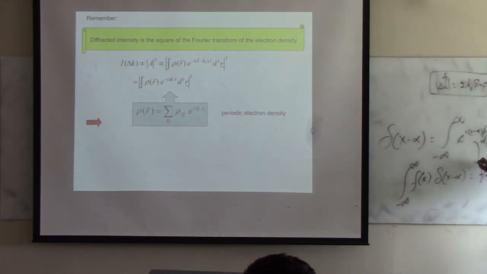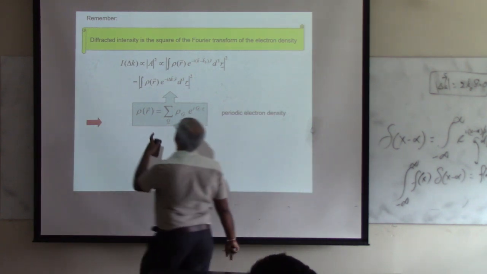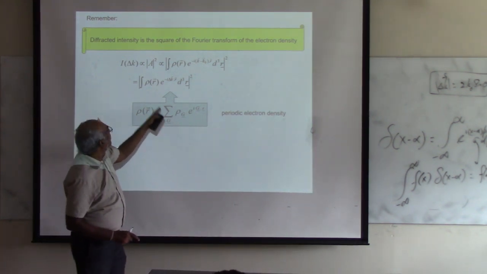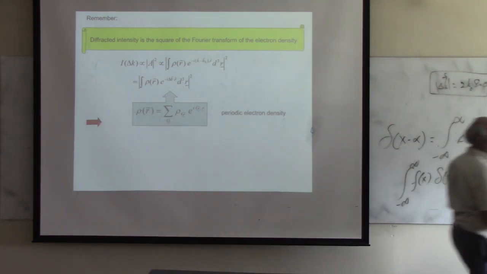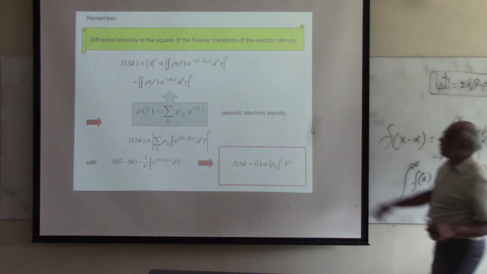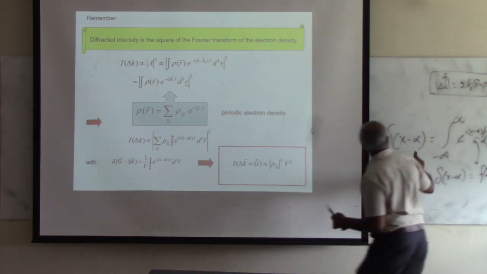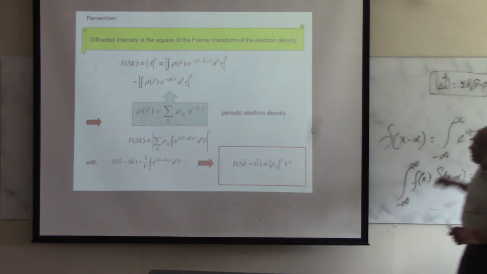So these two you can easily write, because if you look at this one, this is how we wrote it because of the periodicity, right? So if you plug in this rho r here, then you get this equation. Now if you look at this one, this is nothing but this equation. That's a delta function, right?